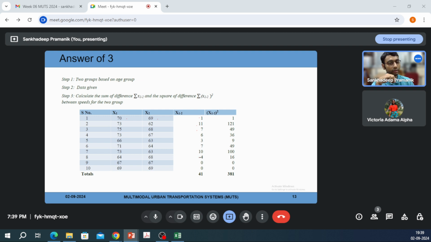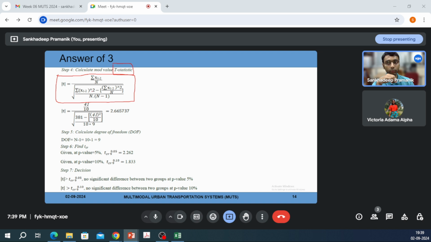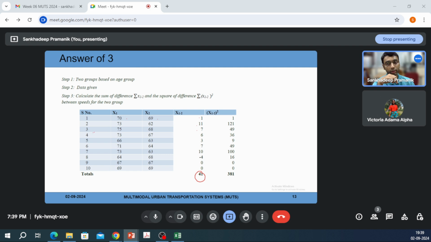Ultimately if we add all of these, we get 41. Now we need to square each x1 minus x2: 70 minus 69 squared is 1, 11 squared is 121, 7 squared is 49. If we add all this, we get 381.